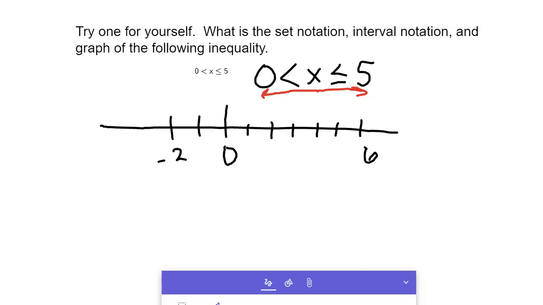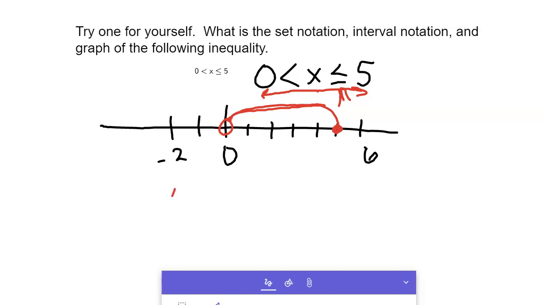So if you start at 0, we would have an open circle at 0. It's greater than 0, but it's less than 5, or it's equal to 5. So that little line under there means equal to. So here's what my graph looks like. It's any point between 0 and 5. It includes 5, but does not include 0.